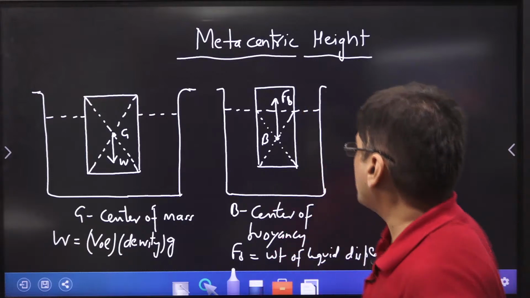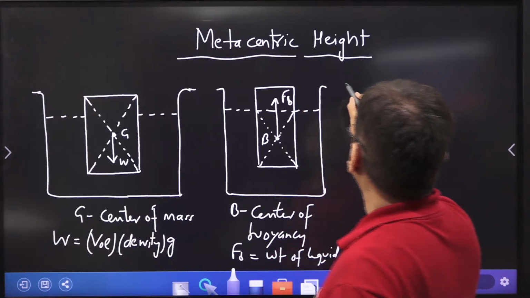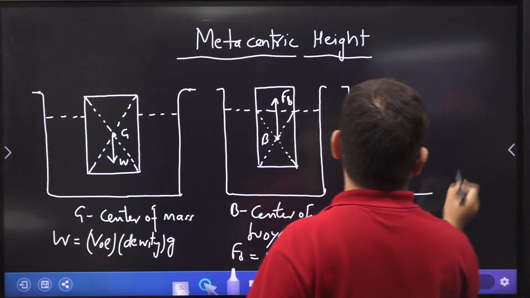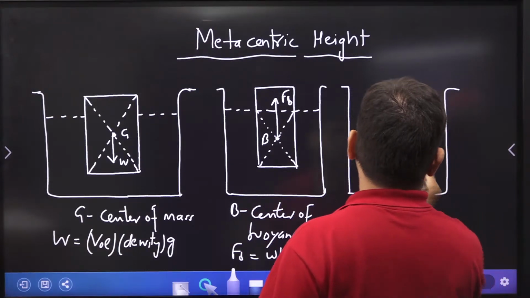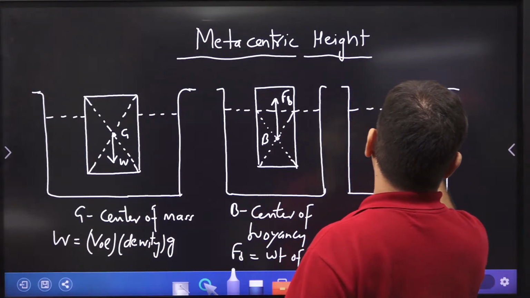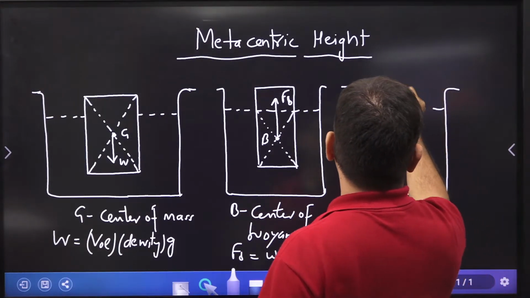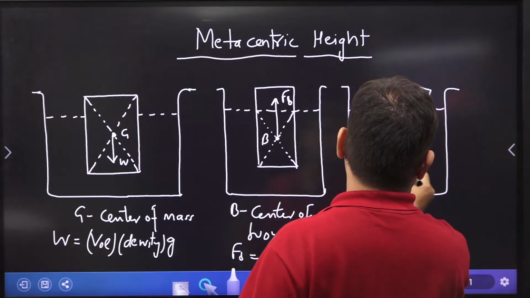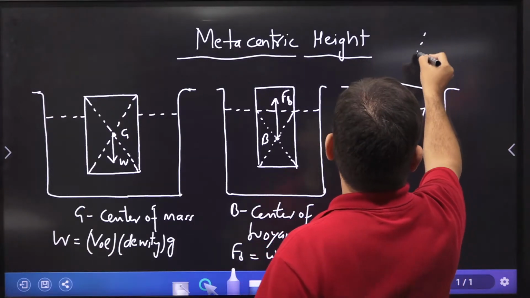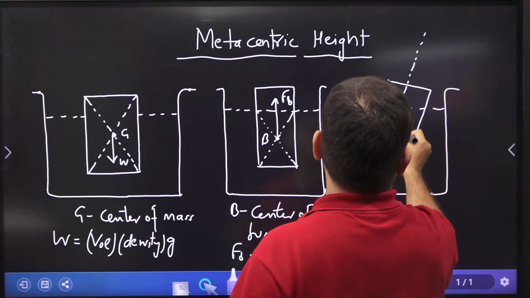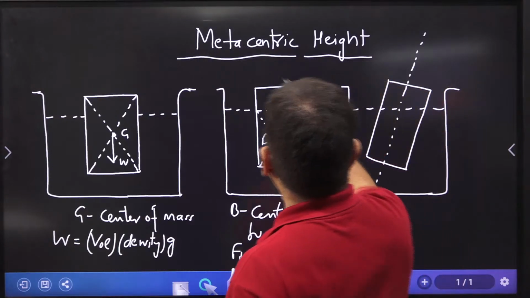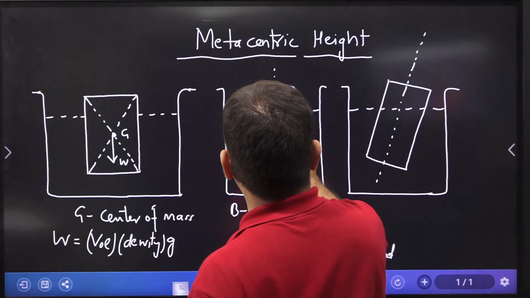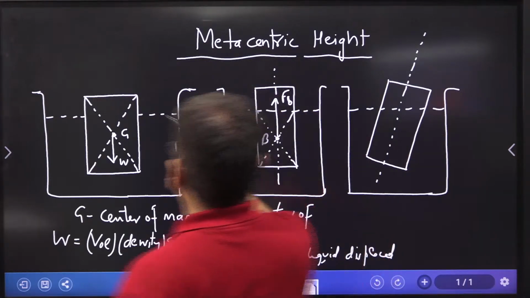Now if the body is floating and you disturb that body from its mean position, then this body starts oscillating. Now let us say this is the original line of symmetry of this body.